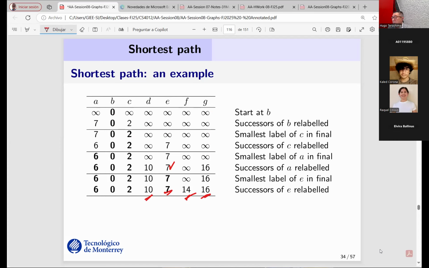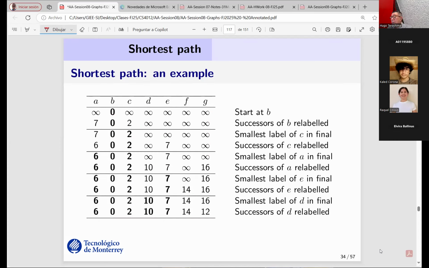So the minimum of this is going to be this one, right? And then we continue. The smallest one is going to be this one, and this is there, right? It is the final, because we got the minimum from here to here.